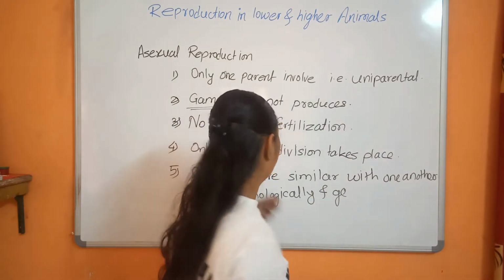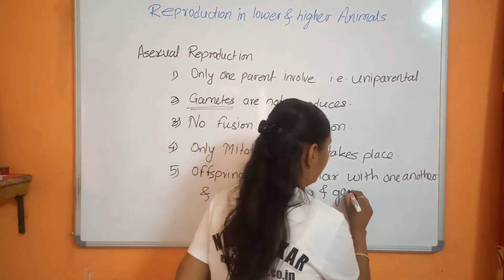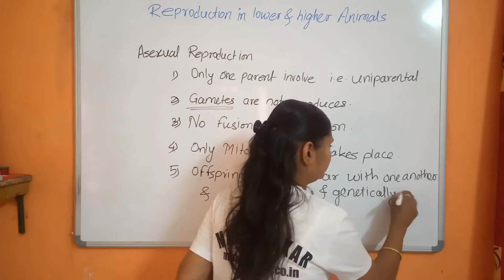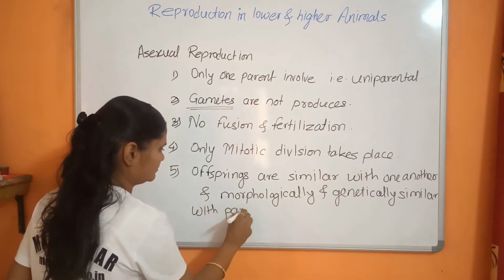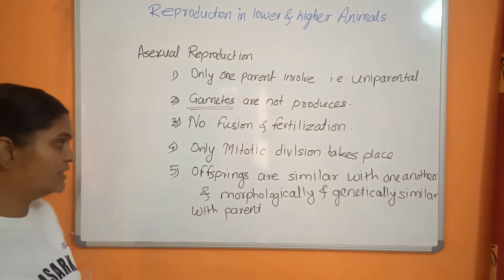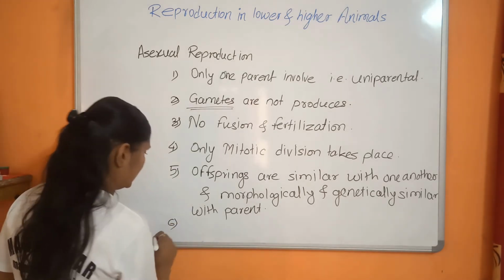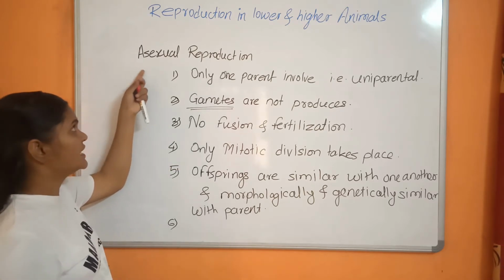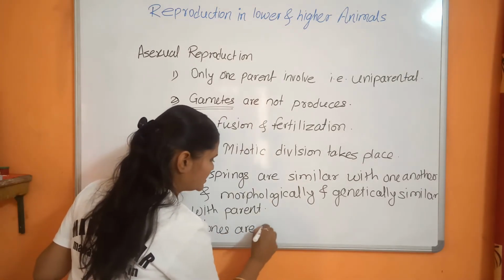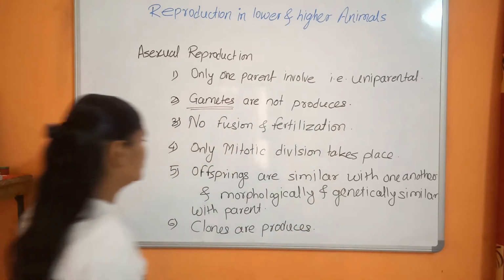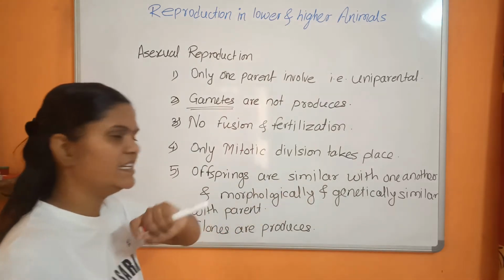Here no recombination takes place, meiosis is not there, gametes are not formed, so there is no recombination. Offsprings are similar not only with one another, but also morphologically and genetically with their parents. Such organisms produced after asexual reproduction are called clones. Clones means organisms which are completely similar, morphologically and genetically, with their parent.